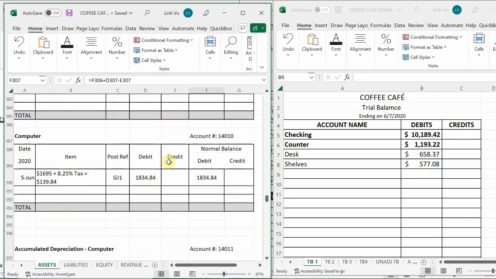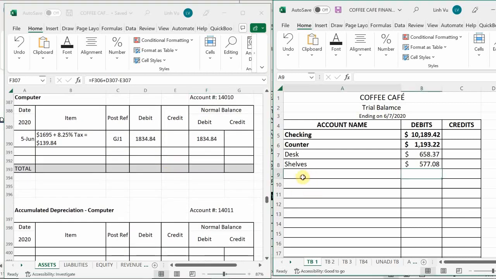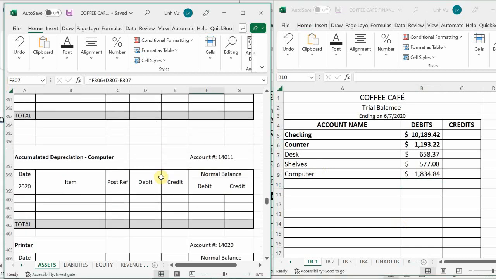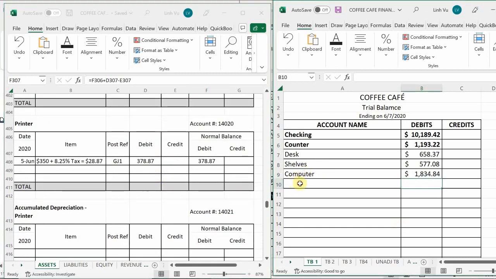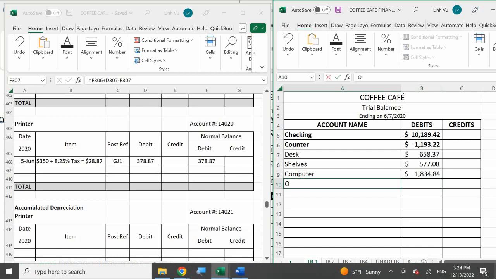Office equipment. Right now, I do have a computer. Okay, computer for the grand total of $1,834.84. That's how much I purchased the computer for. Next thing on my list here is my printer.